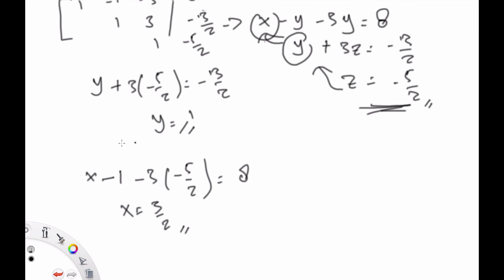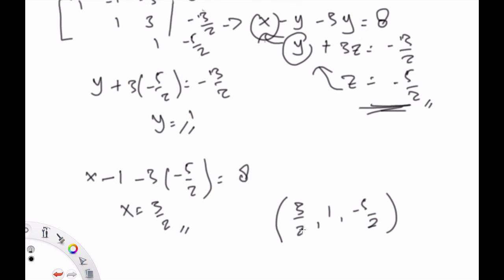Okay, that is enough to get the values of the variables by using Gaussian elimination. It would be very complicated if you used conventional elimination without Gaussian elimination, because we have 3 variables. By using Gaussian elimination it is easy, and the result is 3 over 2, 1, and minus 5 over 2.